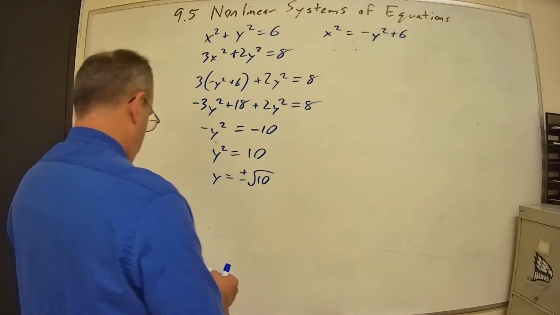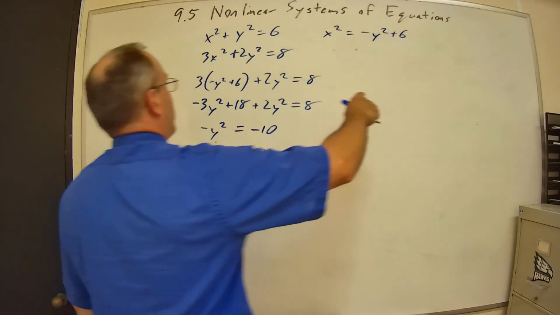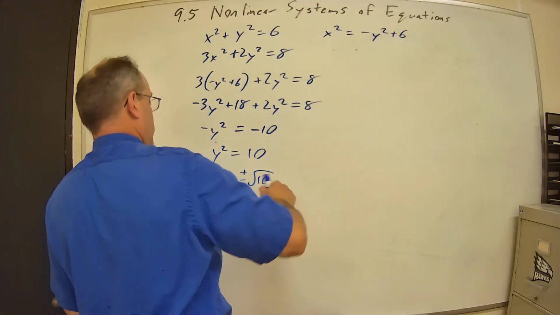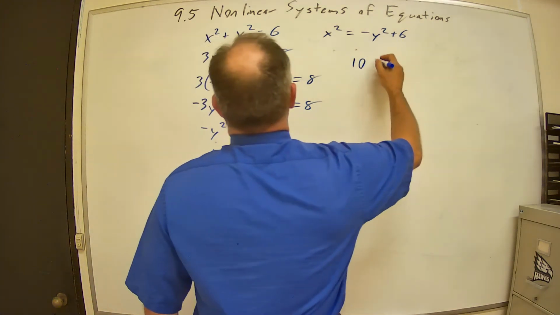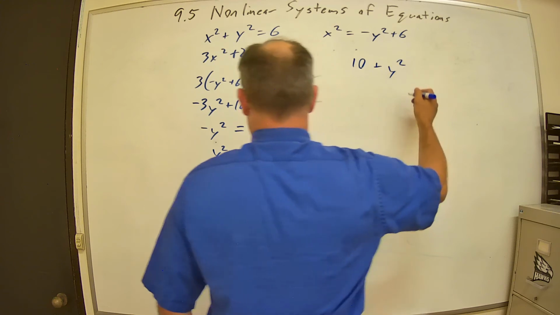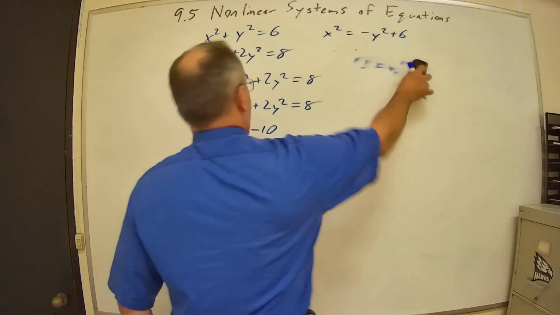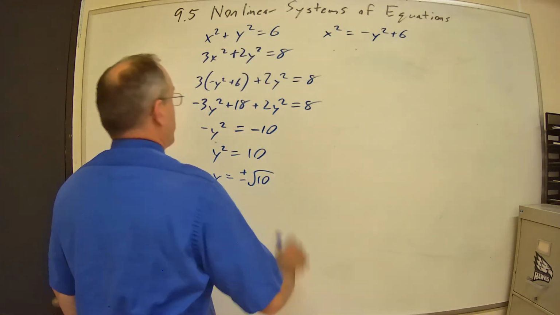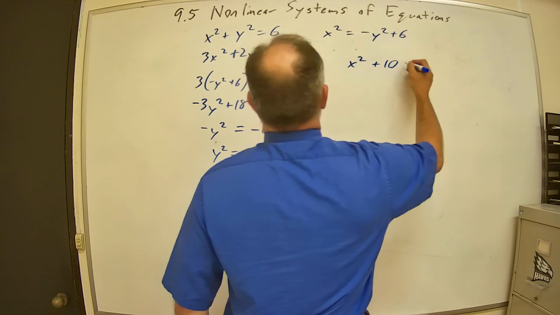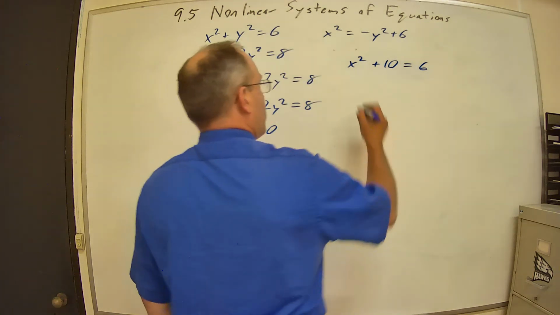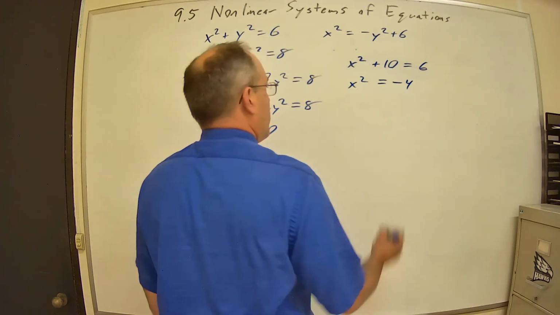So if I'm looking at that, y squared is equal to 10, so x squared plus 10 is equal to 6. So x squared is equal to negative 4.